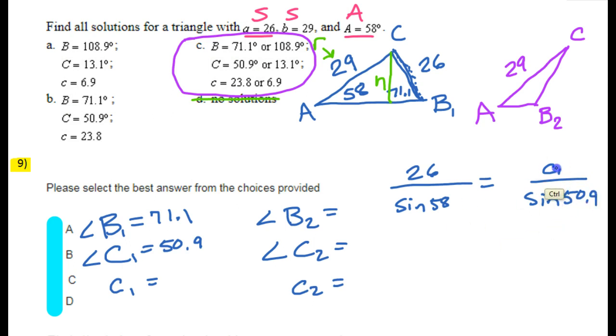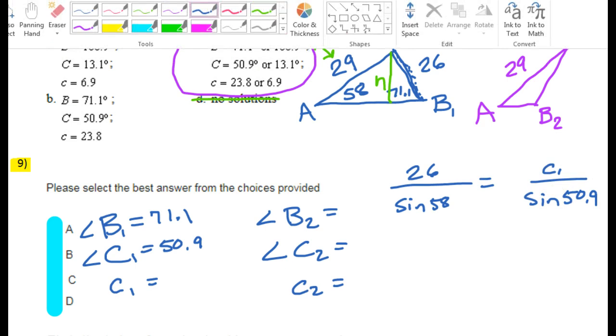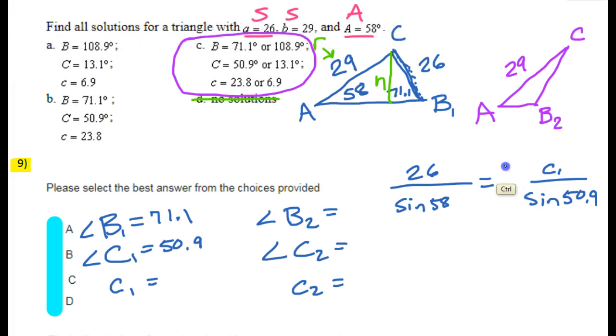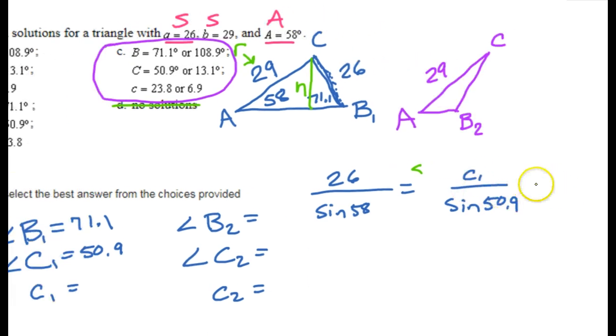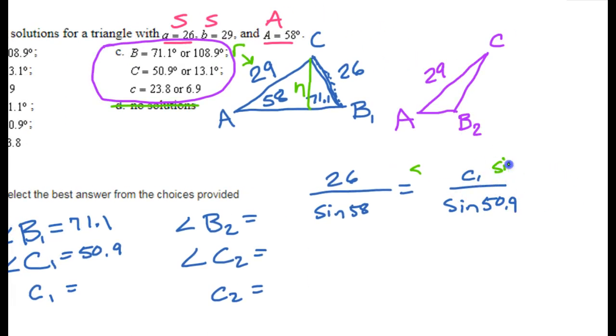I'm just trying to get C1 by itself, so all I have to do is multiply both sides by sine 50.9. That way the sine 50.9s will cancel each other out. That leaves C1 by itself.